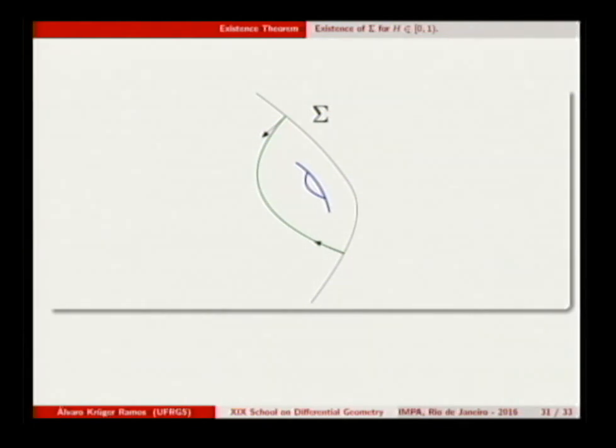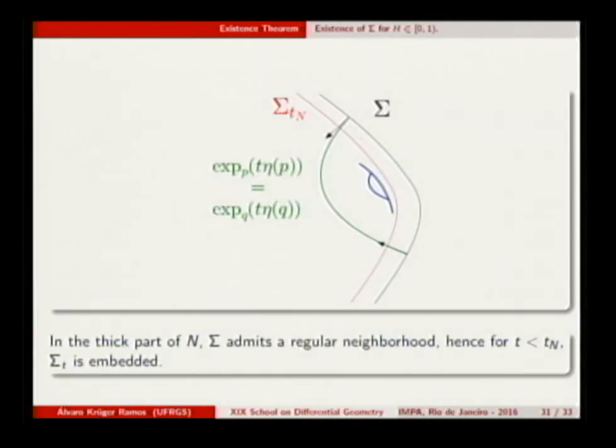They cannot bound a disk, because if they bound any disk, they bound a minimal disk, and you can't bound a minimal disk with two geodesic arcs in hyperbolic manifolds. So this is the picture. We know that if you don't have any topology, then you are embedded.